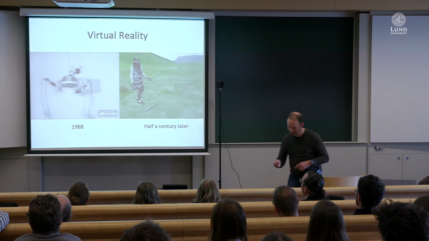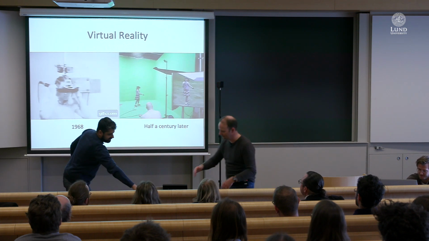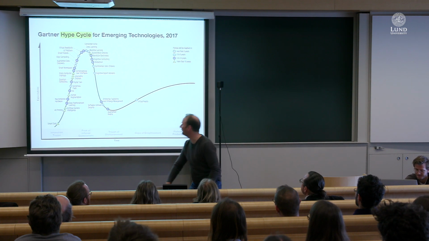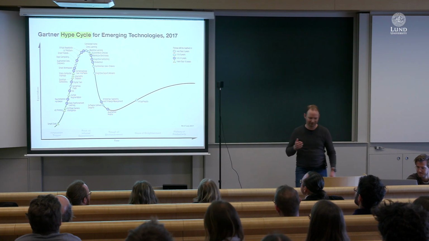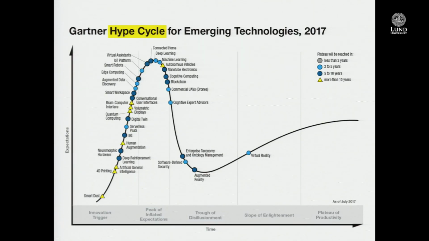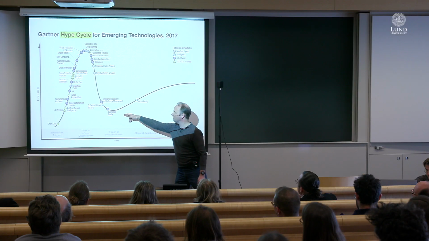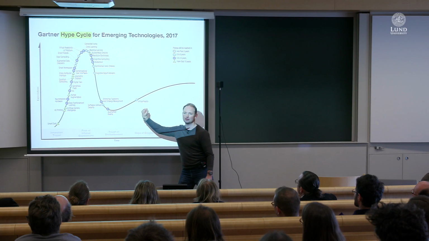Sorry, too many screens to keep track of. Not sure you see this very well, but this is a famous graph called the Gartner hype cycle that illustrates how all emerging technologies go through this hype cycle. And virtual reality for a long time has been down here, the trough of disillusionment.